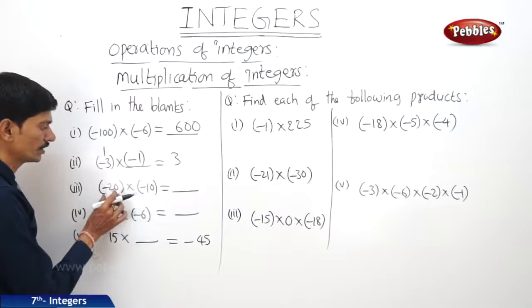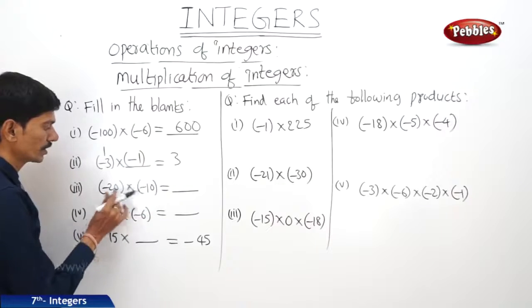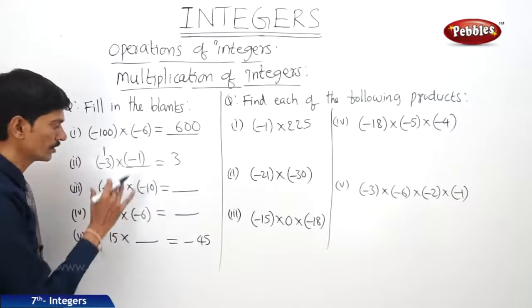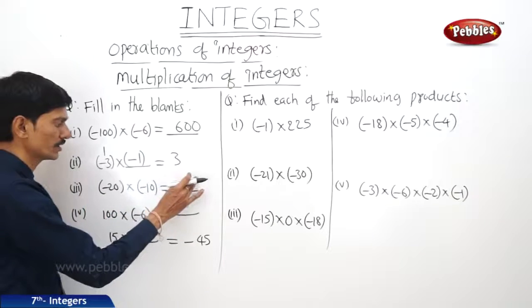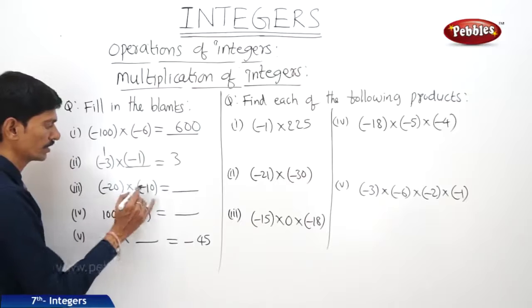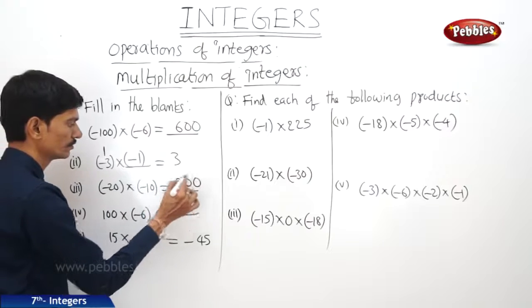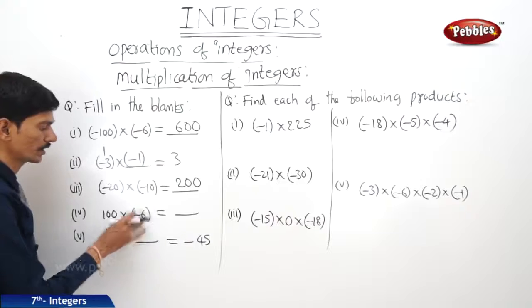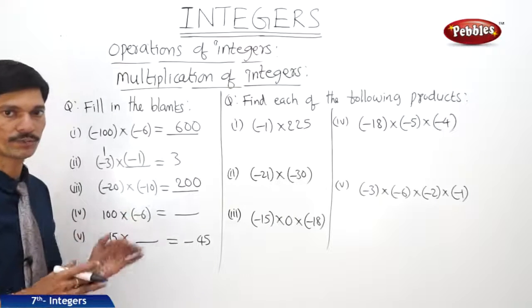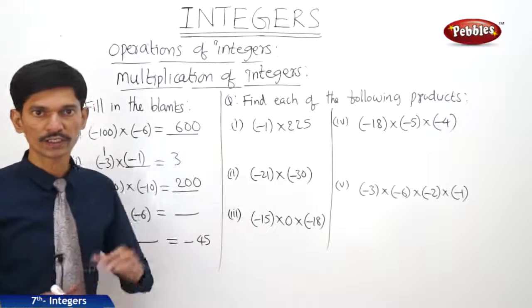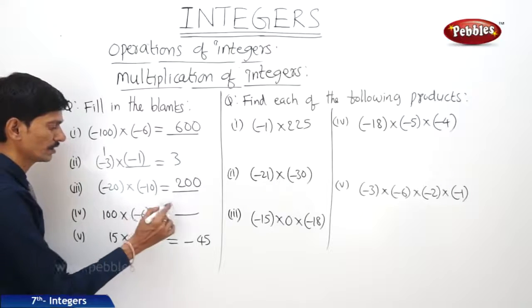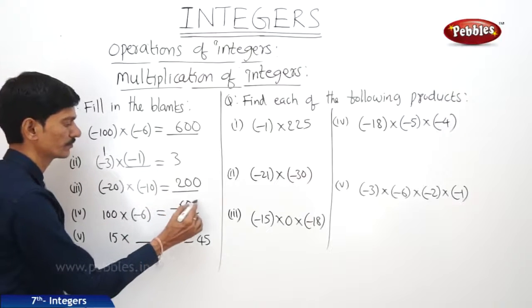Then -20 into -10. Here also two negative integers are multiplied. So the product is a positive integer, and 20 tens are 200. And here a positive integer is multiplied by a negative integer, so the product is a negative integer. Then 100 into 6 is 600, and -600.